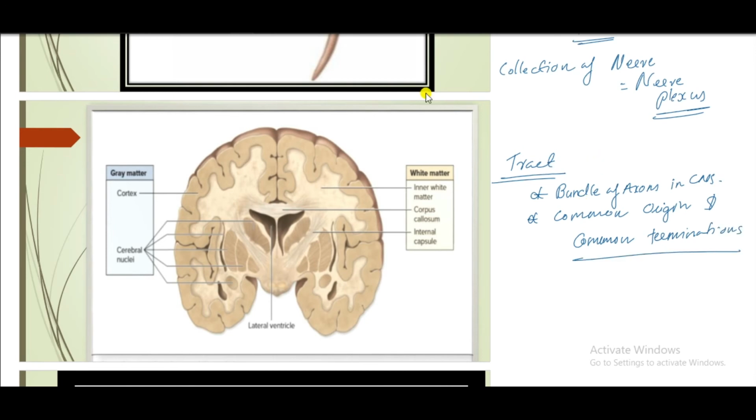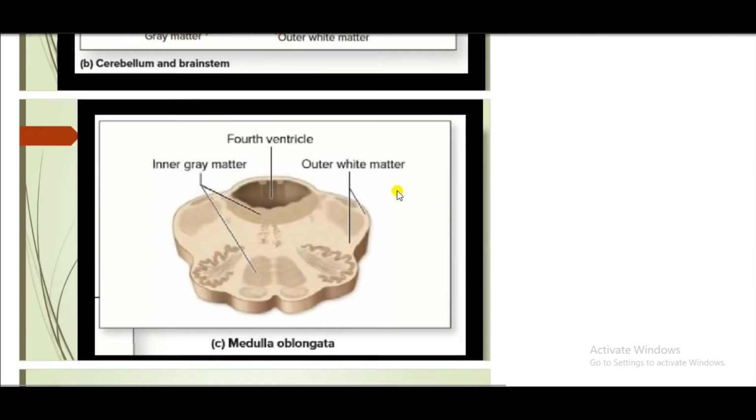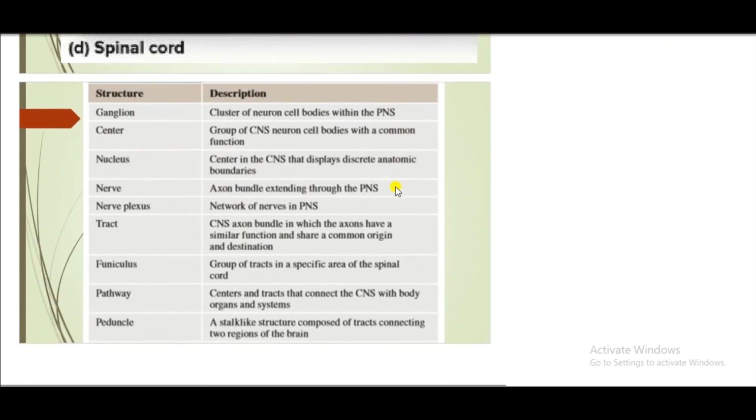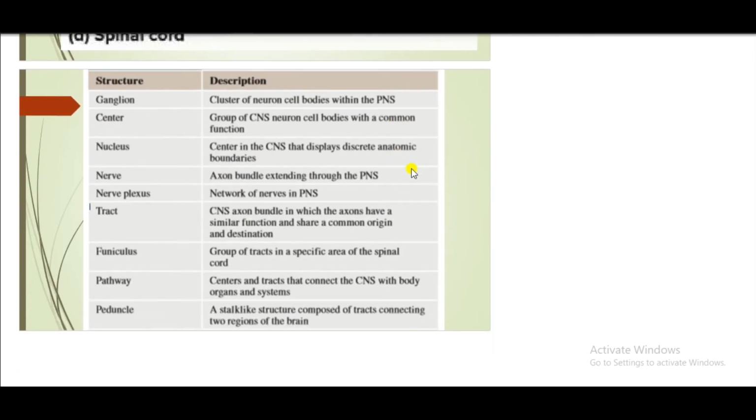We can discuss this later in detail, but a tract is a central nervous system axon bundle in which the axons have a similar function and share a common origin and destination from the brain.